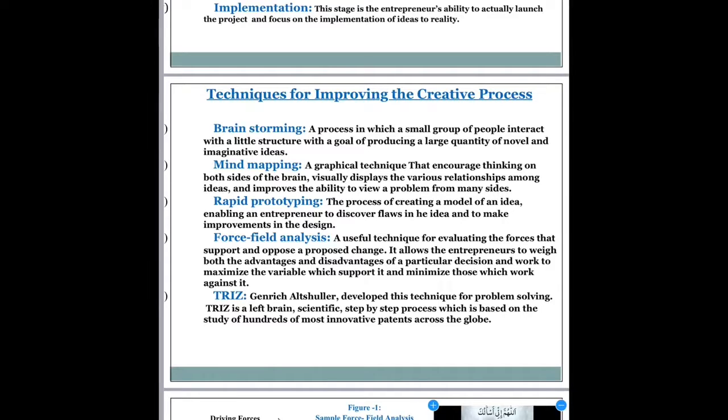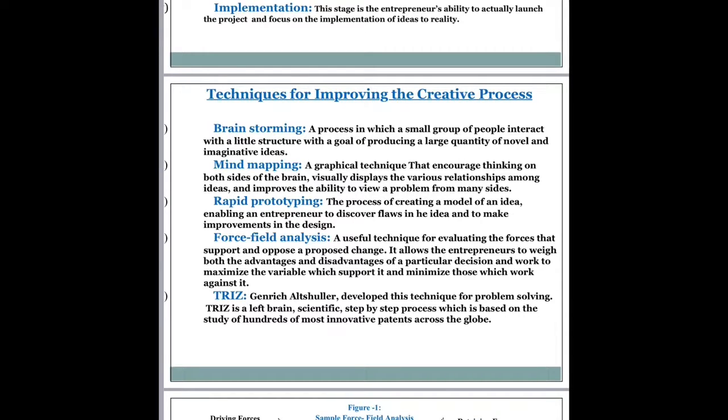Most of the time, we have seen that the right side of the brain is being used, whereas TRIZ is a left brain scientific step by step process which is based on the study of hundreds of the most innovative patents across the globe. That means that he has studied many different patents, different innovations, and then you make your decision whether to go for it or not.